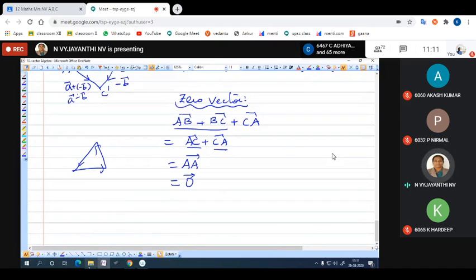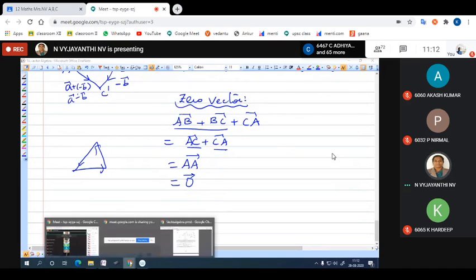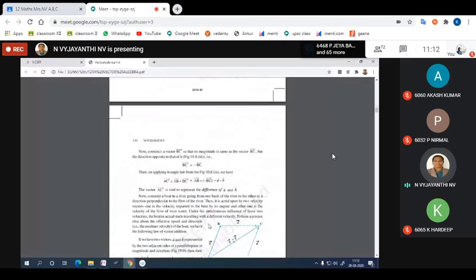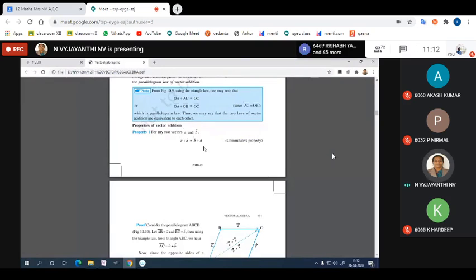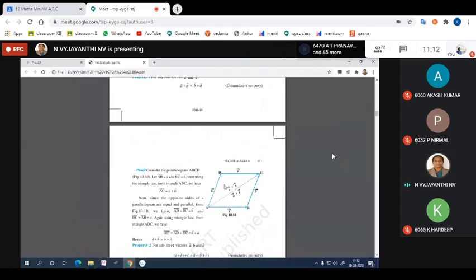So let us see the content given in the textbook. Vector addition satisfies commutative property: A vector plus B vector will be equal to B vector plus A vector.